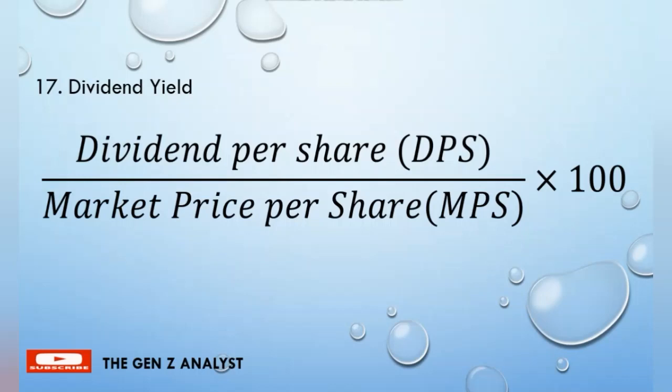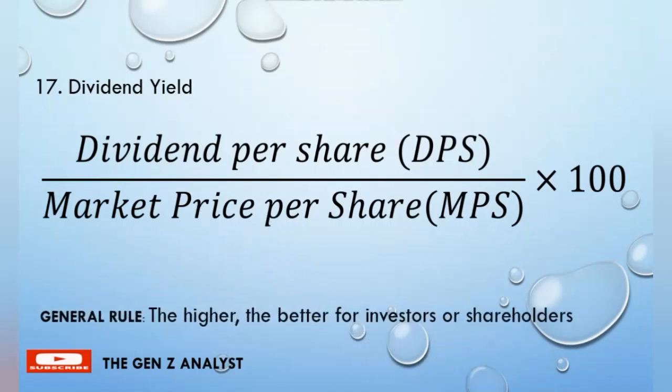The dividend yield is calculated by dividend per share, which is our total dividend divided by our total number of shares outstanding, and then we divide the dividend per share or DPS by the market price per share, which is MPS, and we multiply the result by 100. When it is high, investors will be willing to invest in your business, and the opposite is true when it is low.